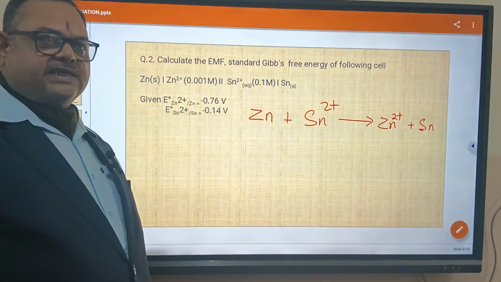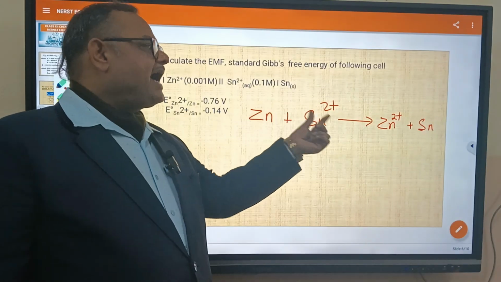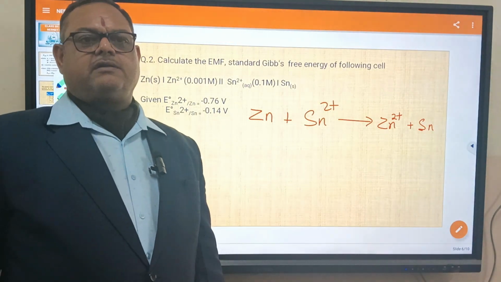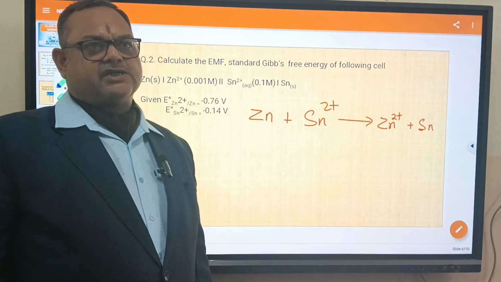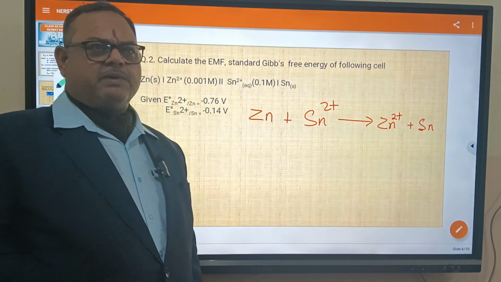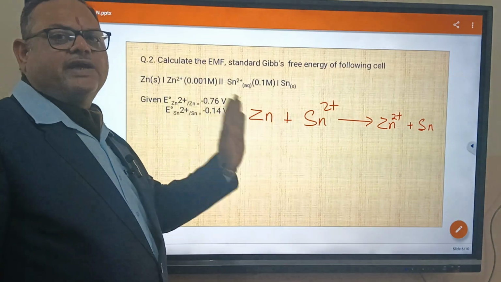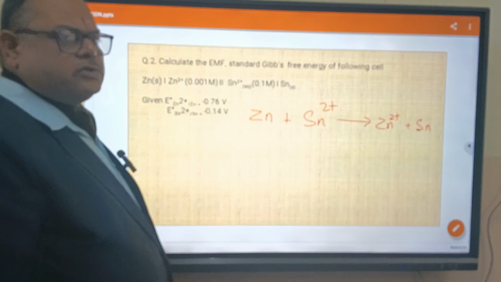Now before proceeding, you have to check if both the ions have same electron required for oxidation and reduction or not. In case it is not so, we have to balance, but in this question we have both ions having 2 valency. So it's quite easy to solve.